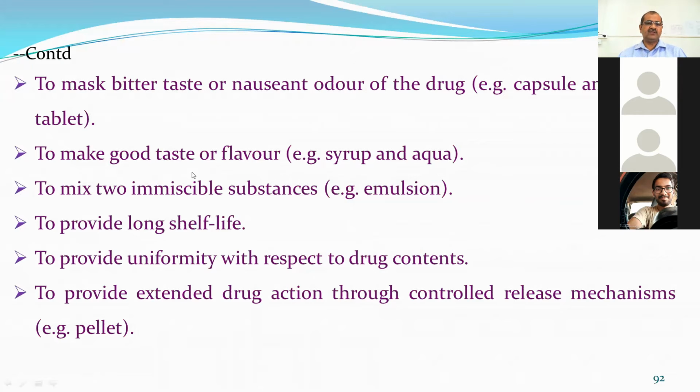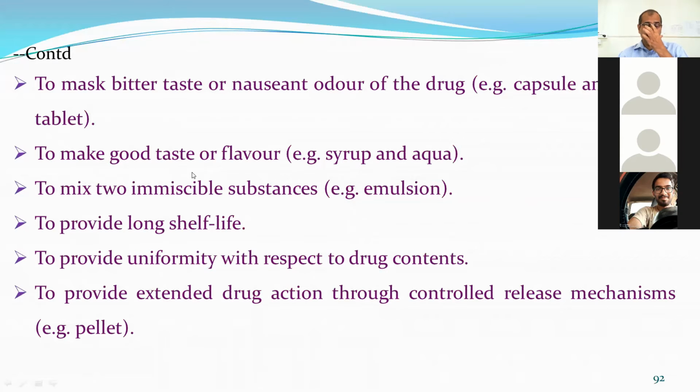So to store the drug for a longer shelf life, shelf means to keep in a shelf, and life. And to provide uniformity with respect to drug contents, means there should be uniformity. Suppose in one tablet 10 milligram is there, in another it should not be degraded to 5 milligram. To maintain this, a dosage form is used, and also to provide extended drug action through controlled release mechanisms.